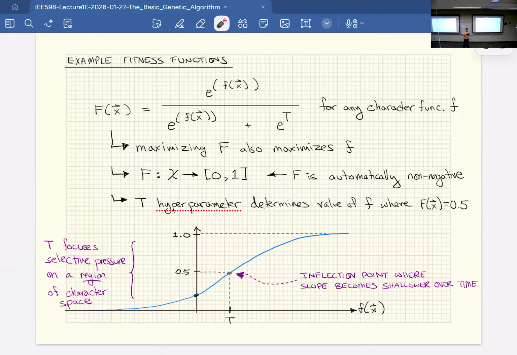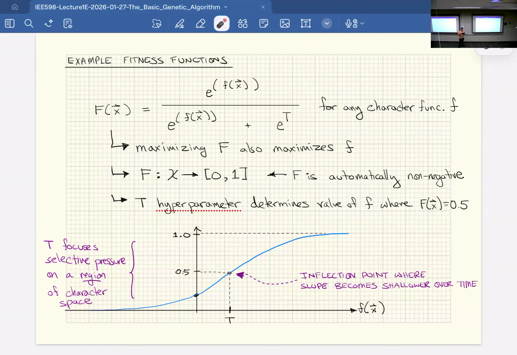And there's this hyperparameter, capital T, which I've put up here, e to the capital T, which I'm going to call a half saturation constant. This hyperparameter determines the value of the character where the fitness is right there in the middle of this sigmoidal rise, at this inflection point.